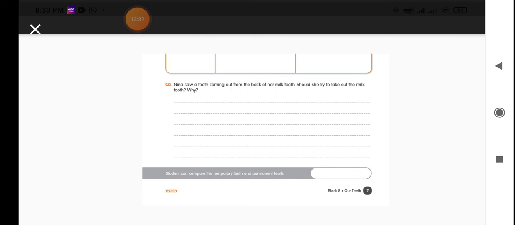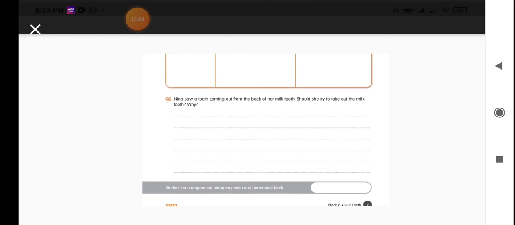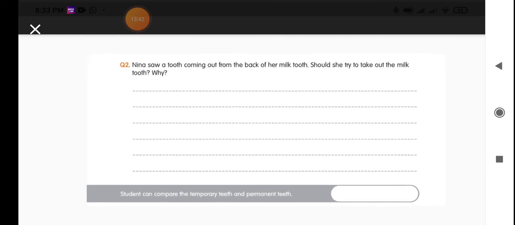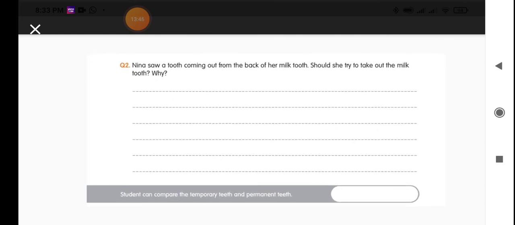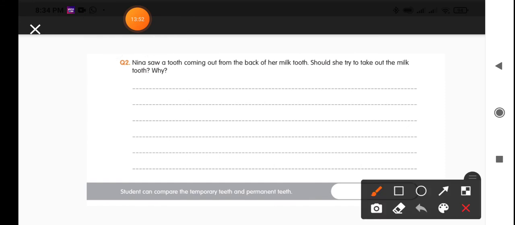And the last question: Naina saw a tooth coming out from the back of her milk teeth. Should she try to take out the milk tooth, and why? Yes, definitely. We just now discussed that milk teeth are temporary teeth. When milk teeth do not fall out, the permanent tooth will grow behind that milk tooth.